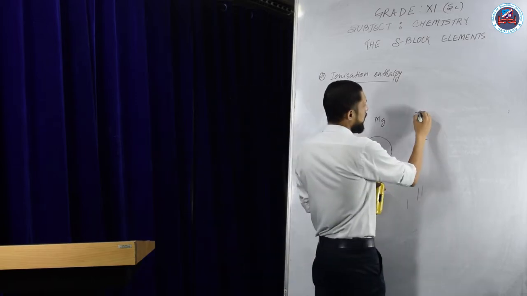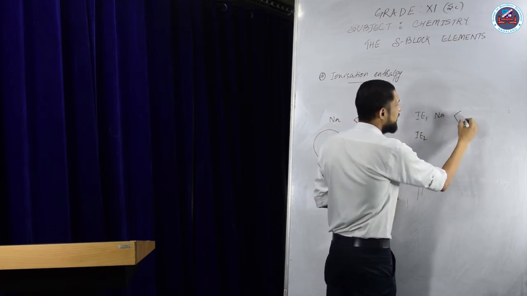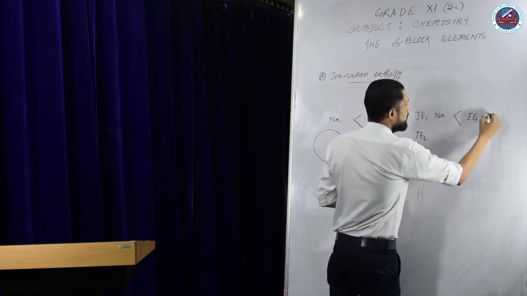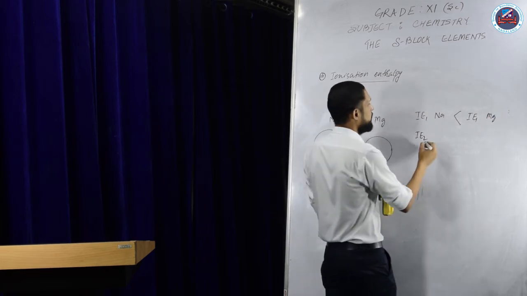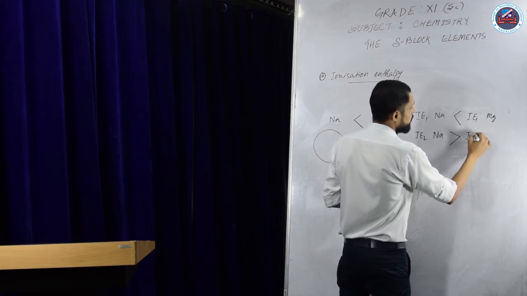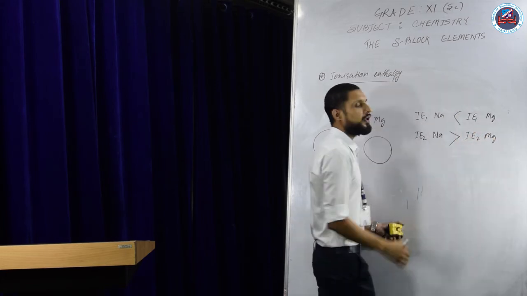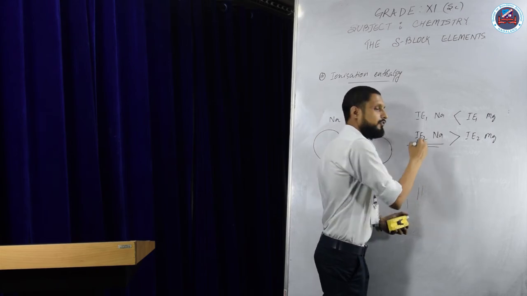So the first ionization enthalpy of sodium is less than the first ionization enthalpy of magnesium. But when we check the second ionization enthalpy of sodium, it's more than the second ionization enthalpy of magnesium. This is due to the stable electronic configuration.